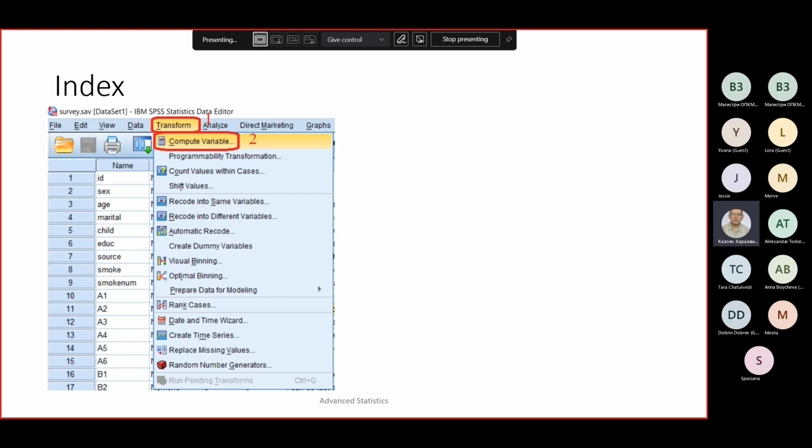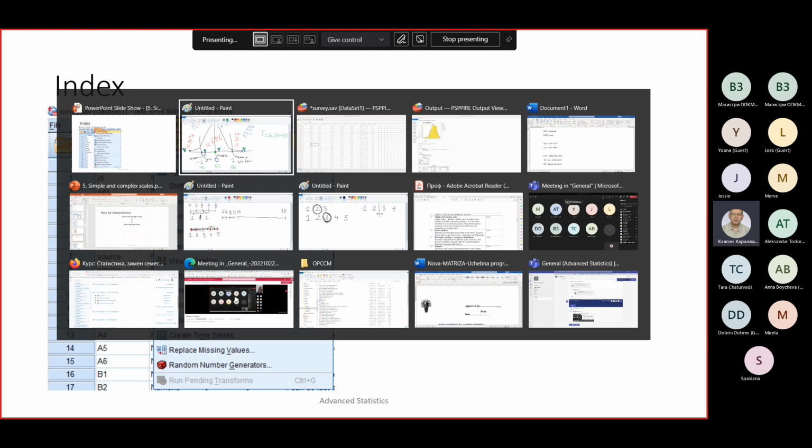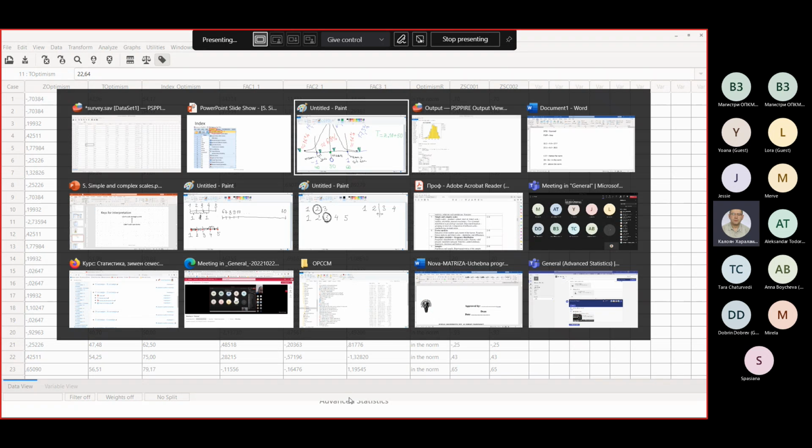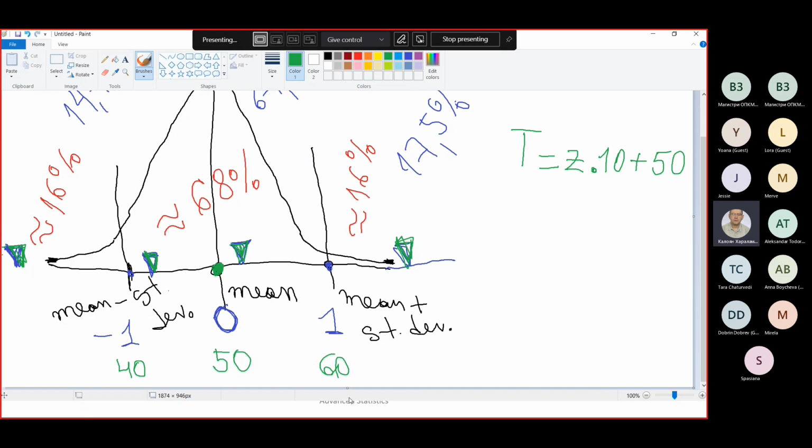So again, let's calculate this index. But before that we must calculate the exact form of the equation. So index is equal to scale minus theoretical minimum.